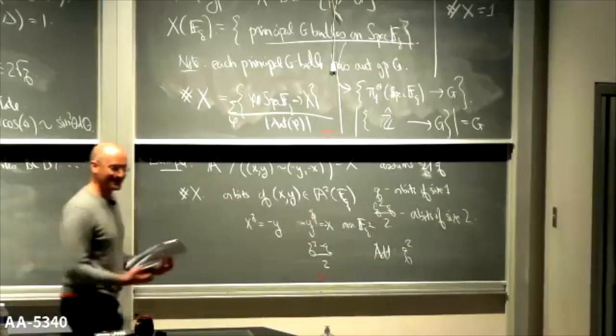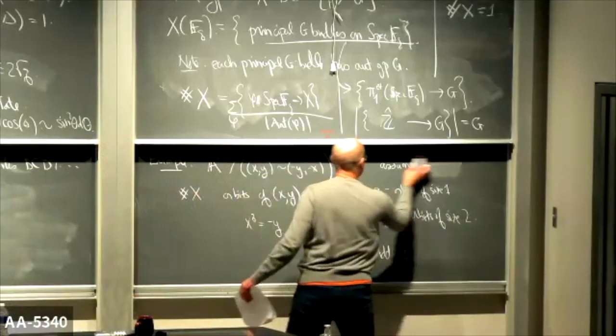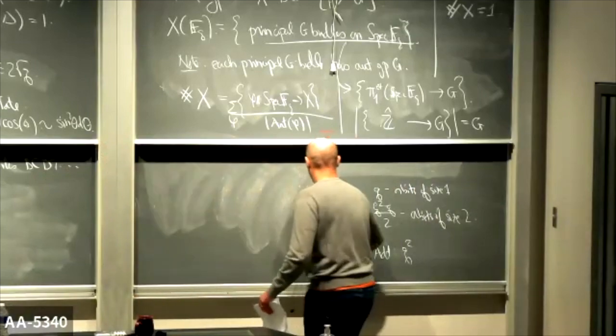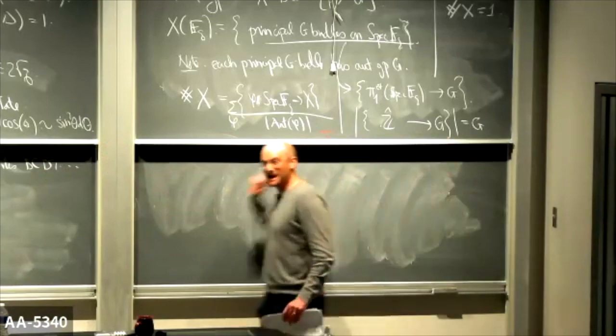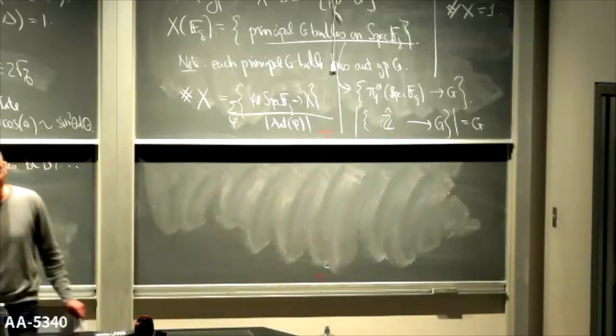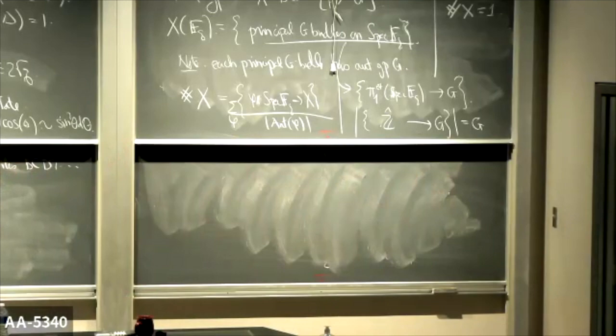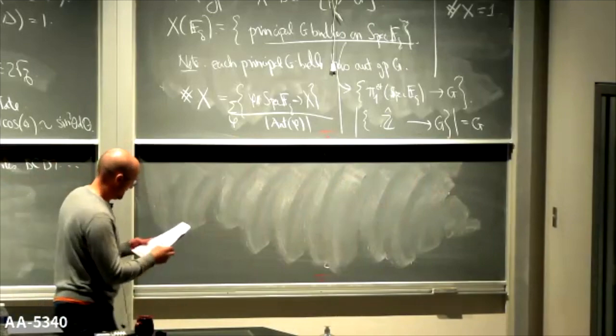Polynomial point count. So that's nice. Now we've seen two examples of spaces with polynomial point count that we quotiented by a finite group, and we got polynomial point count.